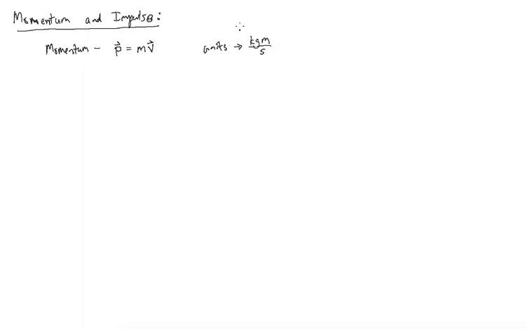And the wonderful thing about this is it's always a conserved quantity. It's a vector, so you can conserve it in the x direction and in the y direction, but it is always conserved. So that's pretty much it for momentum. You just have to be careful. In a closed system, you consider all of the objects that are interacting.